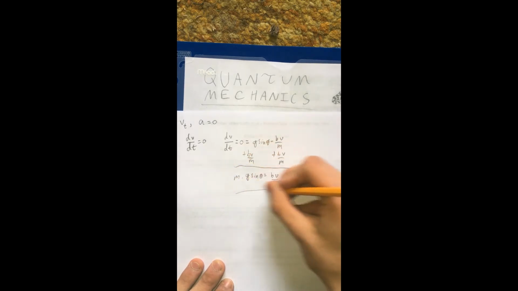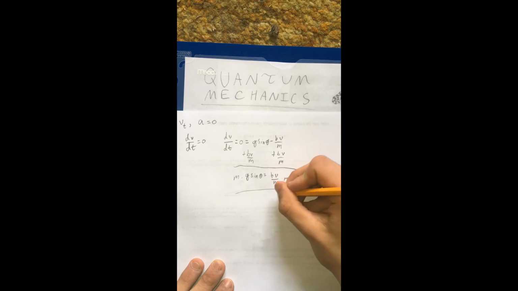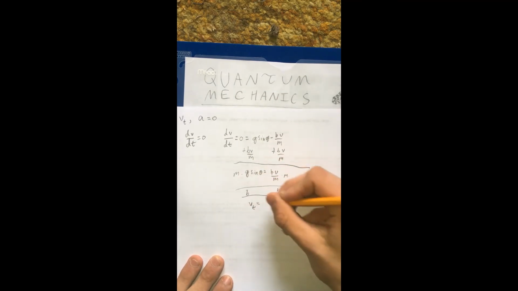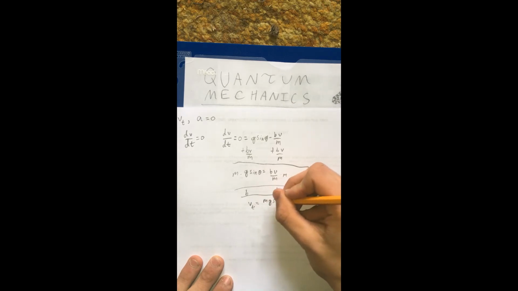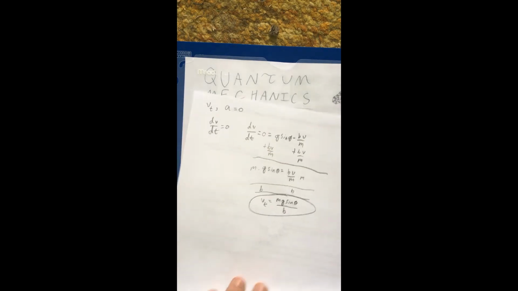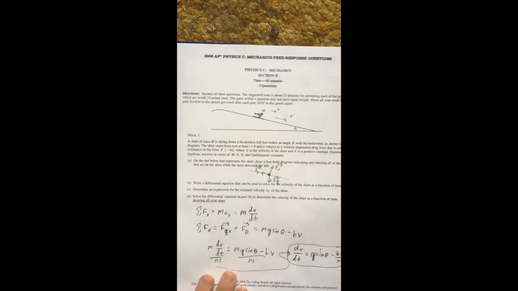Multiply each side by m, and then divide each side by b, and we get that the terminal velocity is equal to mg sine theta over b. So there's part C. And then part D says, solve the differential equation in part B to determine the velocity of the skier as a function of time, showing all your steps.